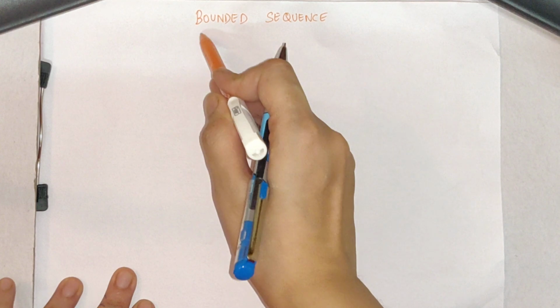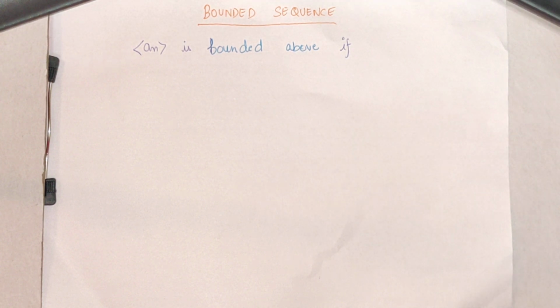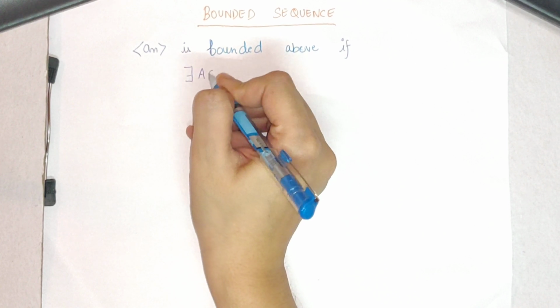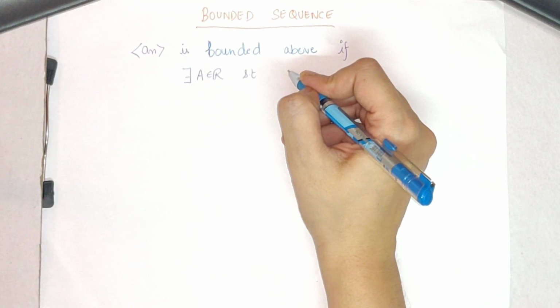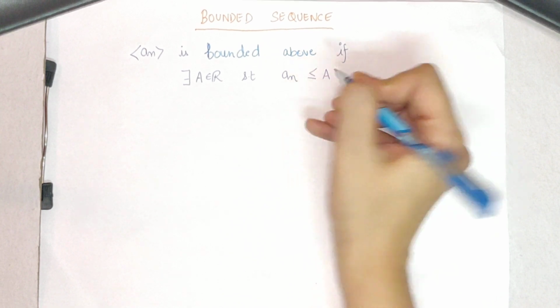Now the next definition is that of a bounded sequence. Firstly, I would define the meaning of bounded above. We say a sequence a_n is bounded above if there exists some real number such that every member of that sequence is less than or equal to that real number.